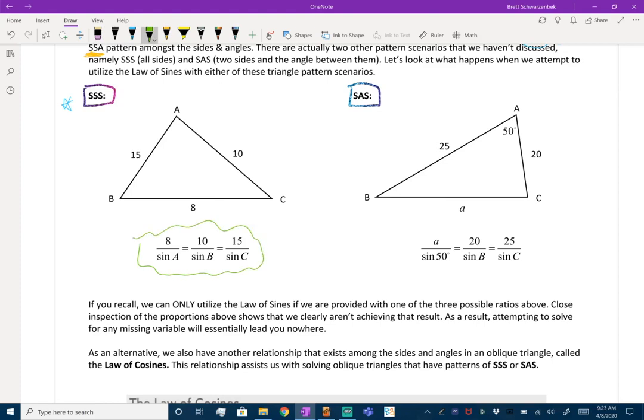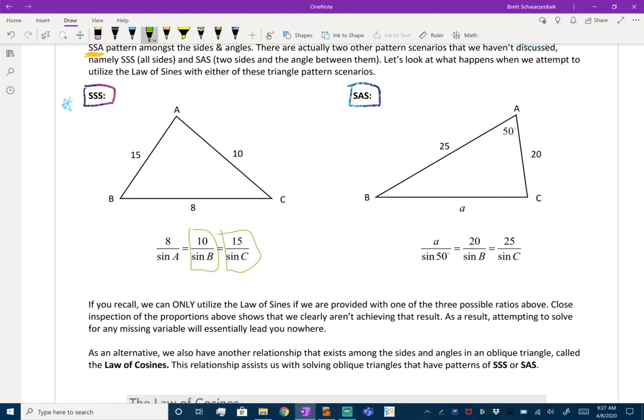Now here's the issue. If we took any two pieces of this at a time, like we've been doing in the previous section, we normally have one missing variable, which allows us to use algebra to solve it. If you look at any two selections of these three ratios, they will always have two missing variables.